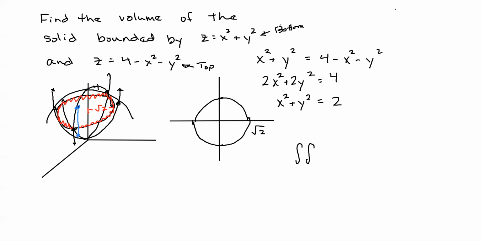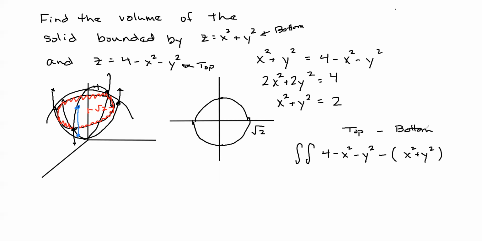How do we find the volume between two things? We subtract them. So what we want to do is take 4 minus x squared minus y squared. That's the top. And then do minus x squared plus y squared. That's the bottom. This is the top surface minus the bottom surface.